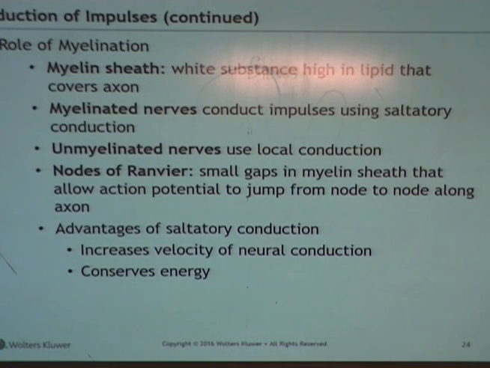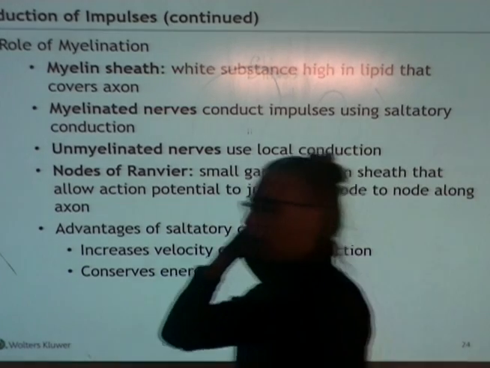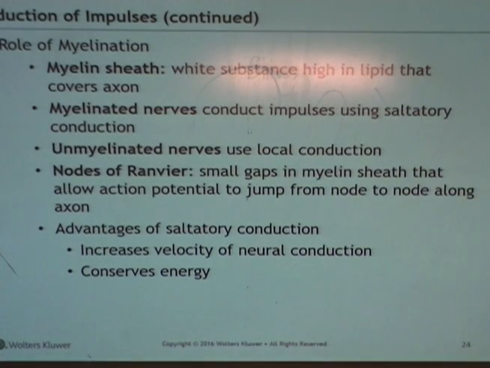Nerves that don't have this myelin wrapped around them have to stimulate every segment of the nerve all the way down the axon. But what the myelin sheath does for us is it allows us to have what we call saltatory conduction.